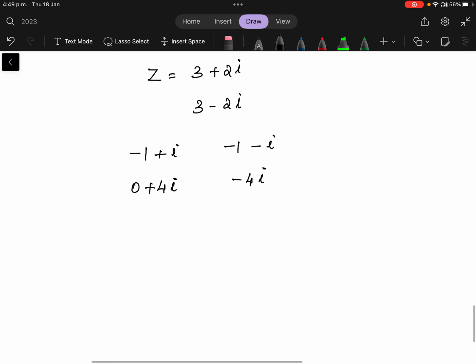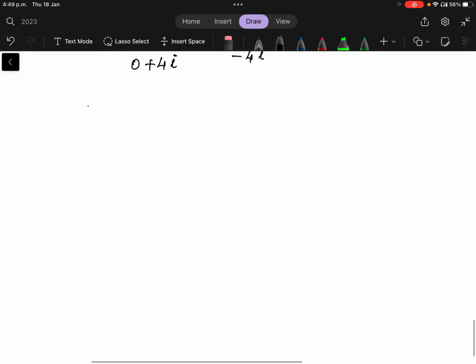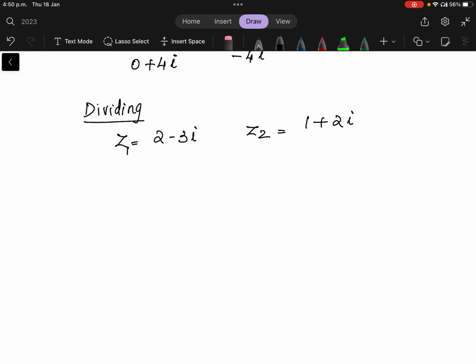Now division. If you are dividing two numbers, for example, z1 equal to 2 minus 3i and z2 equal to 1 plus 2i, and you want to find z1 over z2, let me write this out first: 2 minus 3i divided by 1 plus 2i.